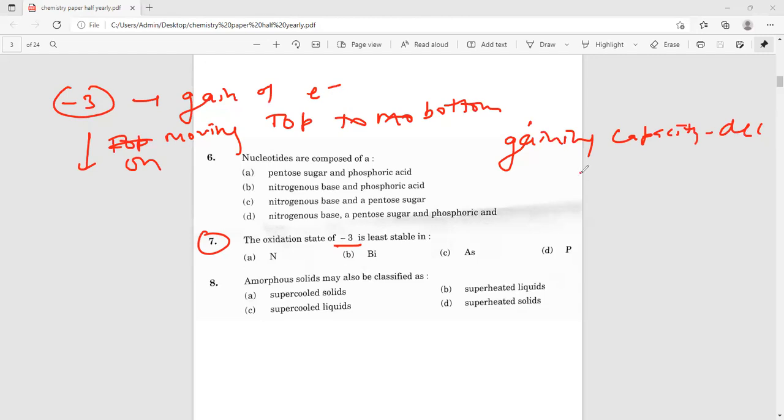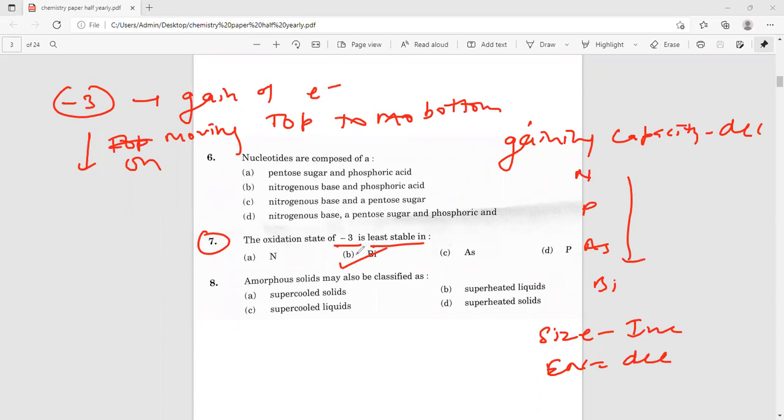Means nitrogen, phosphorus, arsenic, and bismuth. So on moving top to bottom, size increases, electronegativity decreases, means the tendency to accept electron decreases. So the least stable is bismuth, the right answer.